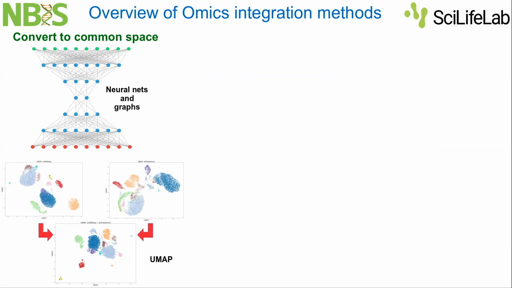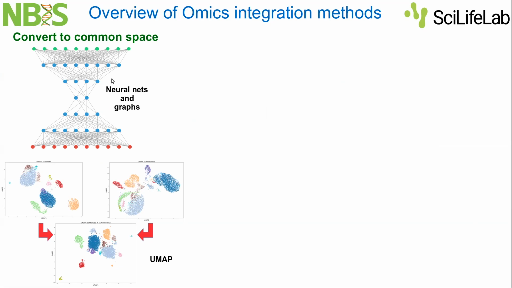And in the integrative omics area, there were quite a few directions already established that gradually came to single cell as well. One of the most popular, and I would say a standard, most of the successful methods do something similar. It's what I call convert to common space.